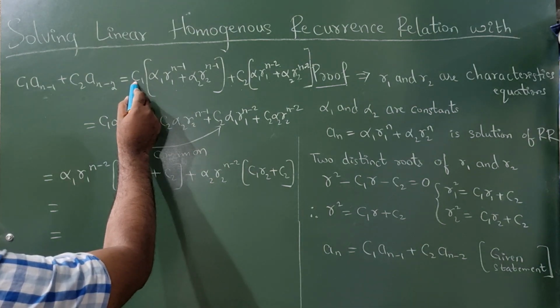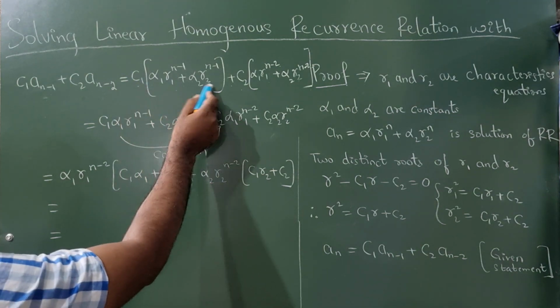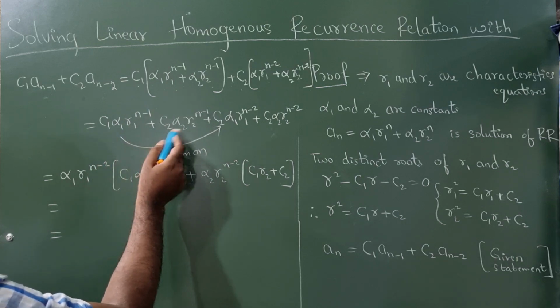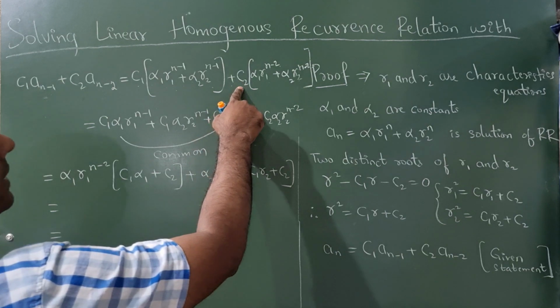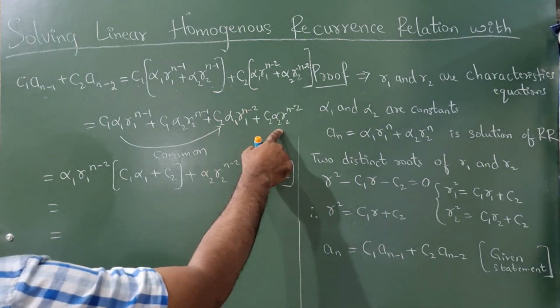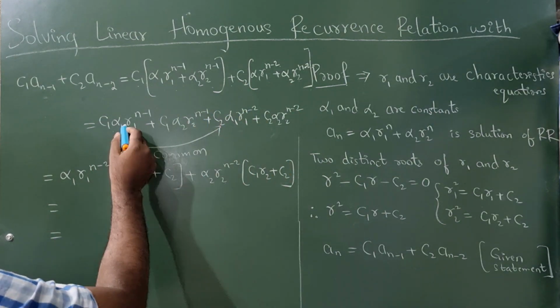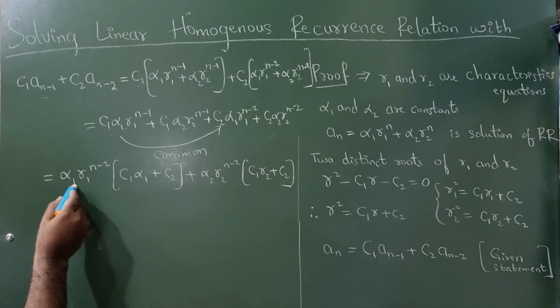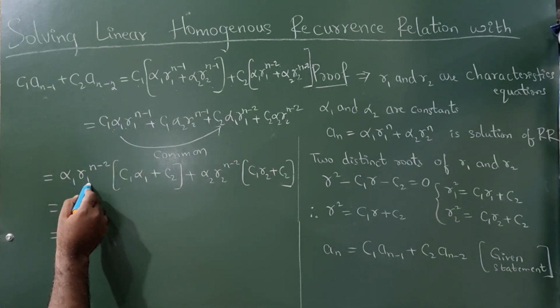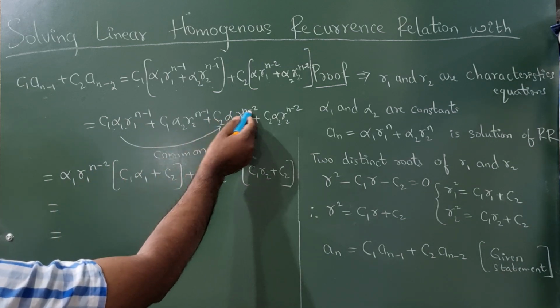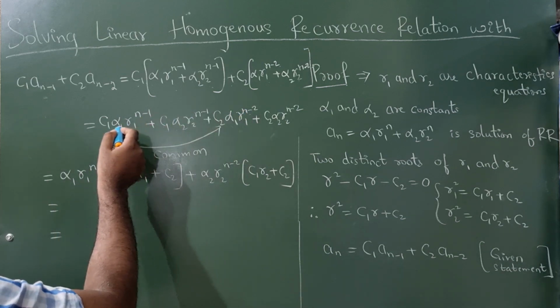Now multiply C1 for both of these, and multiply C2 for both of these. In these two, what is common? You can see alpha 1 from here and here, and I have taken r1^(n-2) as common.